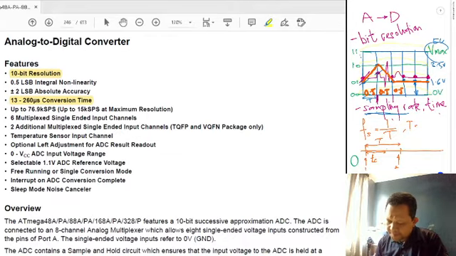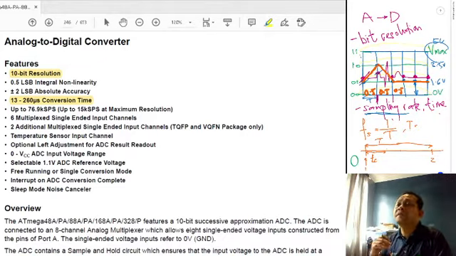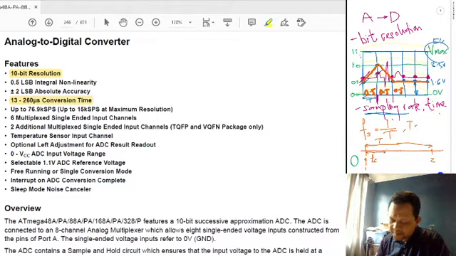Let me shift the second conversion to the end. So what can we have in between the conversions, in between the analog to digital conversions?